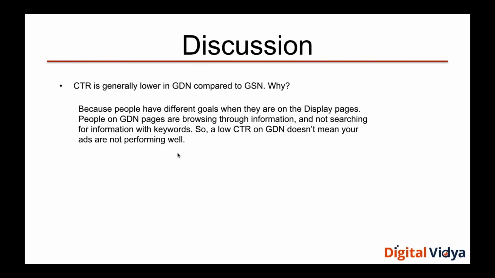They just happen to see it, which makes the likelihood of them clicking lesser. Are you guys able to understand that? So if you notice that the CTR on your display network campaign is much less than search campaign, you don't have to conclude that it is a campaign that is not performing well. That's the point I'm trying to drive home.